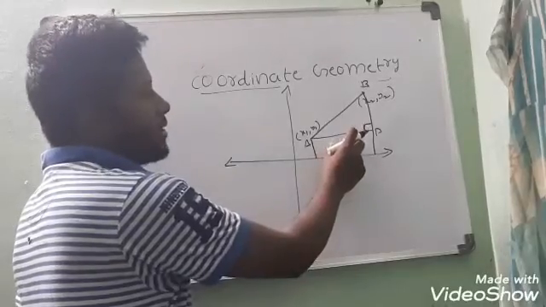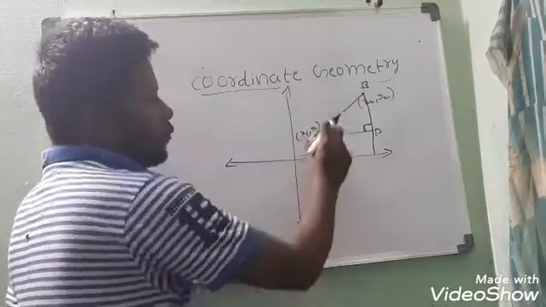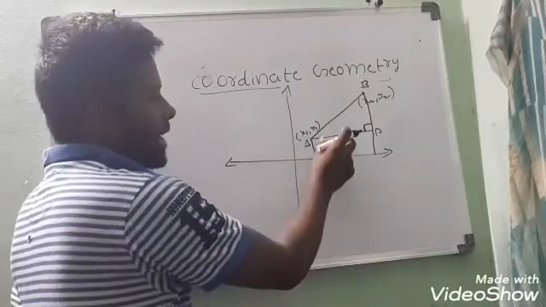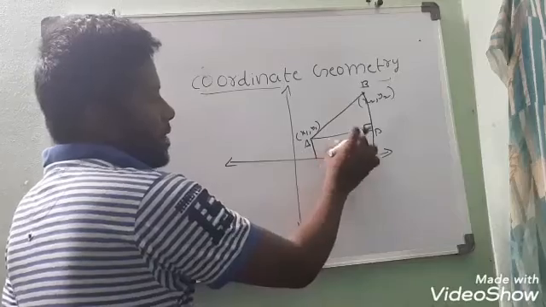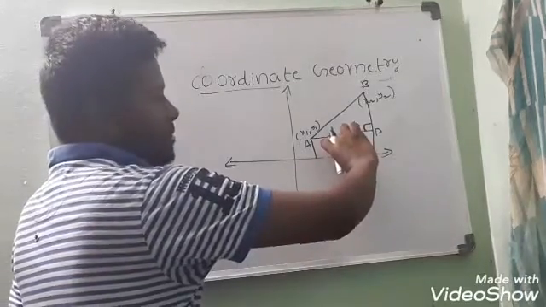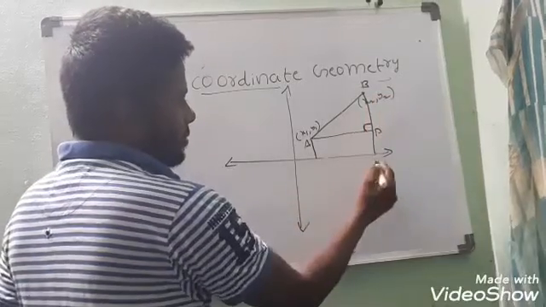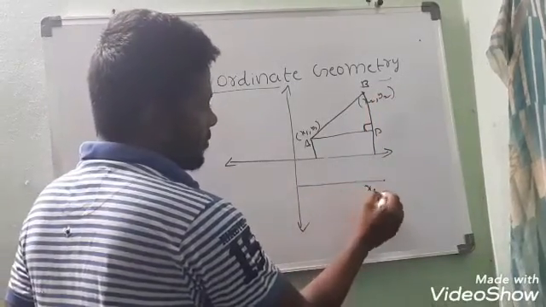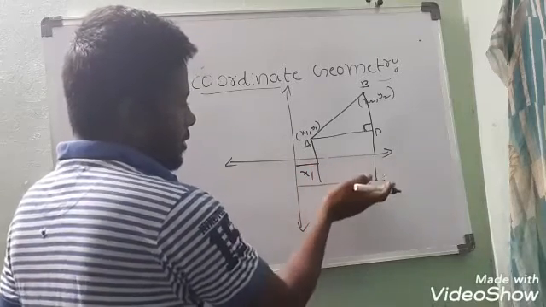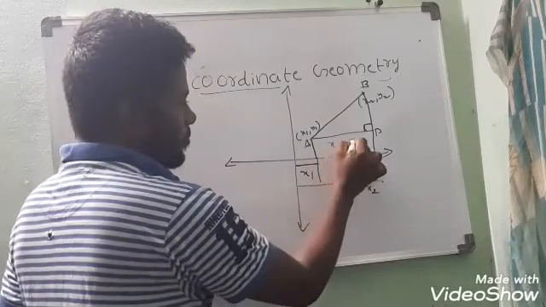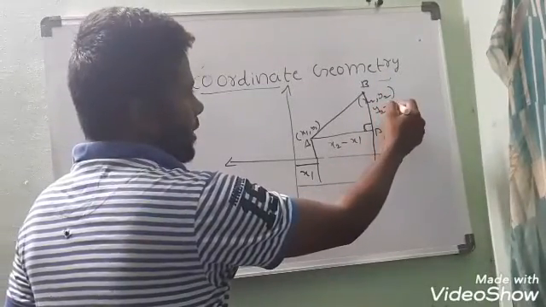We have to find the distance AB, right? To find the AB distance, we need AP and BP. So what is AP? These two are parallel. This point is x2, so till here the distance is x2 and this is x1, but we need this, so x2 minus x1. In the same way here, y2 minus y1.